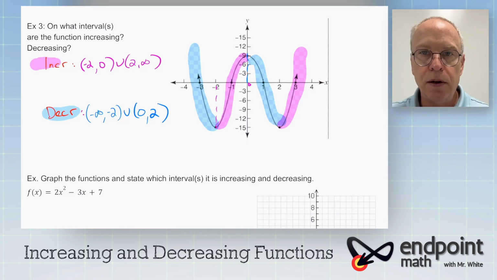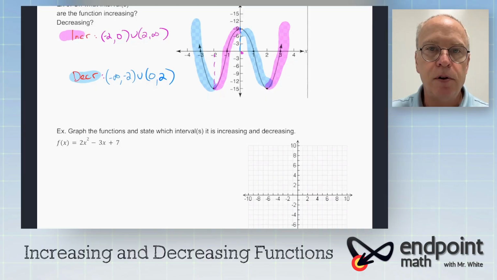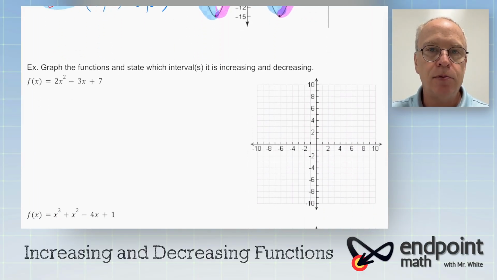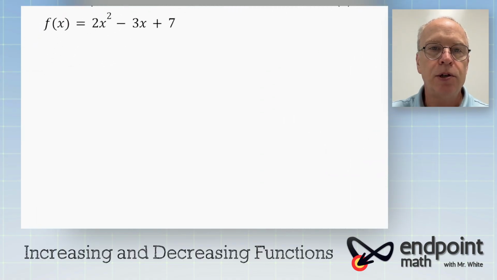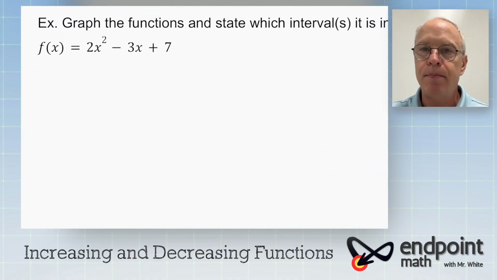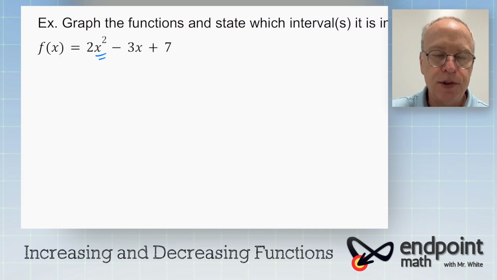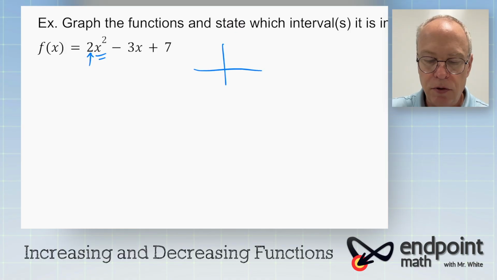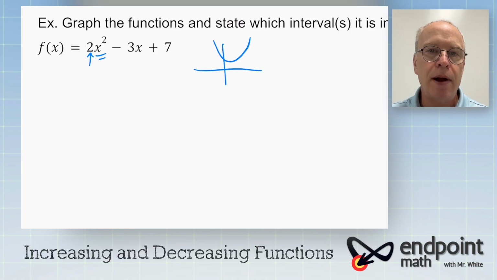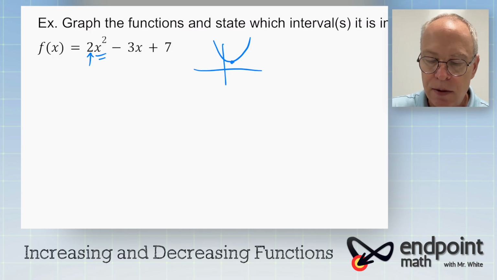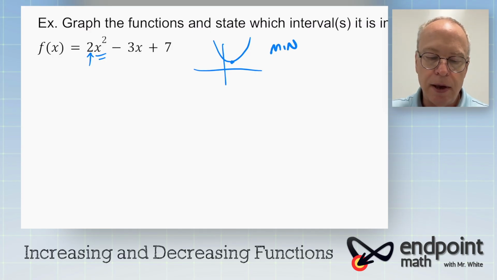Let's add one little layer of difficulty: let me give you the algebra now. Instead of just giving you a picture, what if I just dropped this in your lap and I said, give me the intervals of increasing or decreasing. Now you should know, since this is an x squared with a positive leading coefficient, this thing is some sort of parabola. So it's going to have some sort of min, okay?